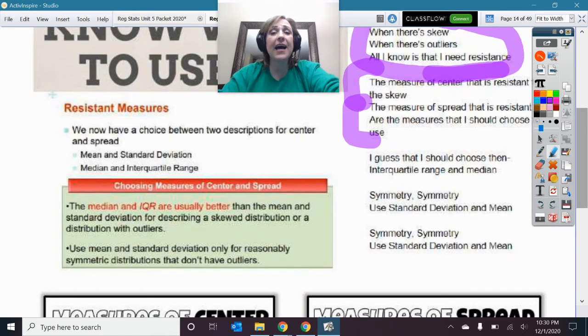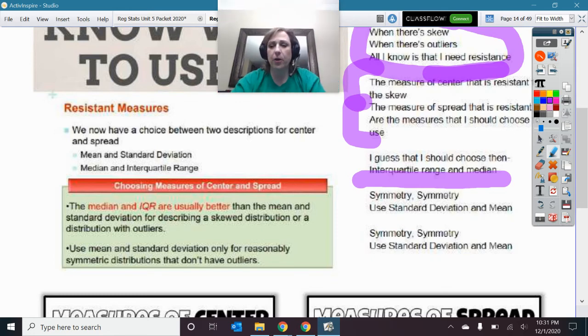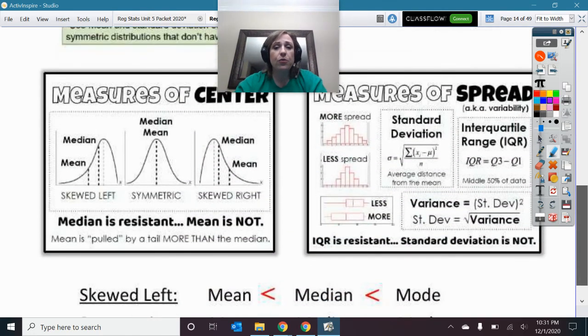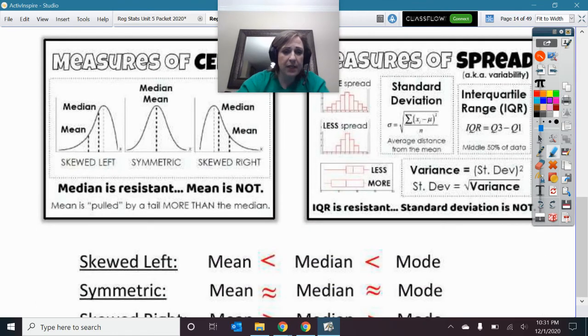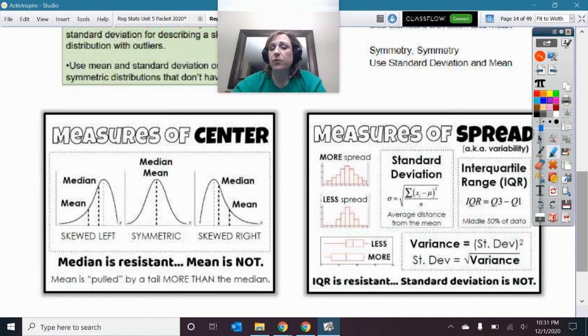The ones not affected are interquartile range and median. If you have skew, then you must choose to use median and IQR. Oh, symmetry. Use standard deviation and mean.